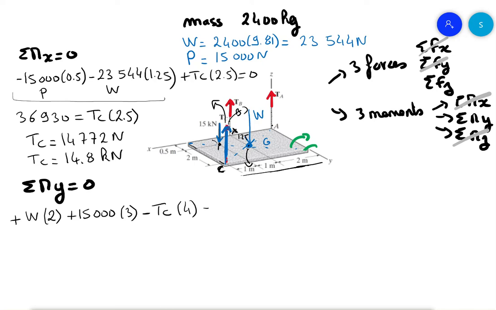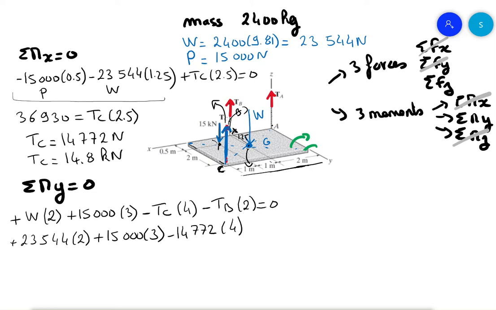And TB is also minus TB times, this TB is aligned with G, times 2. It's equal to 0. So on the left, we have W, that's 23,544 times 2 plus 15,000 times 3. TC, we found 14,772 times 4.